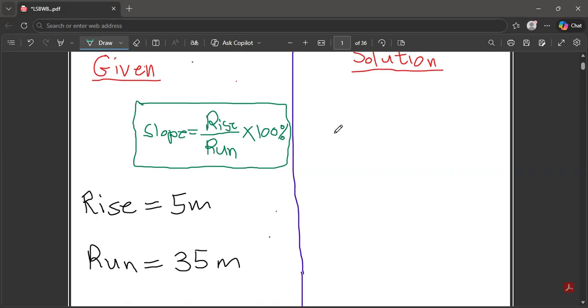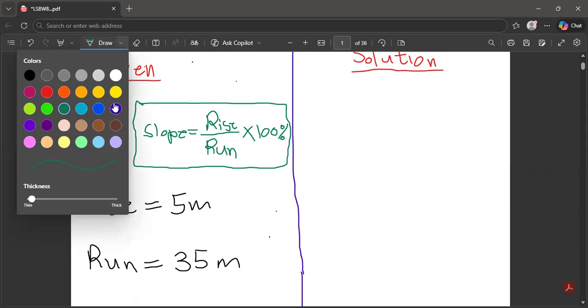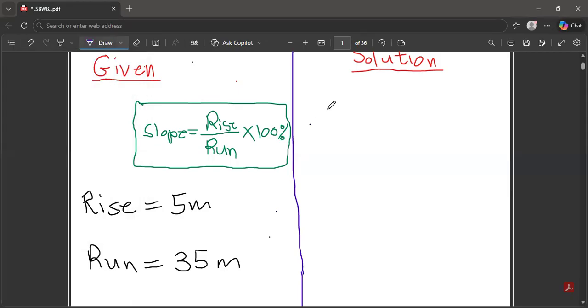Exactly. Okay. So now we can proceed to solve our work. In this case, we can repeat the formula.